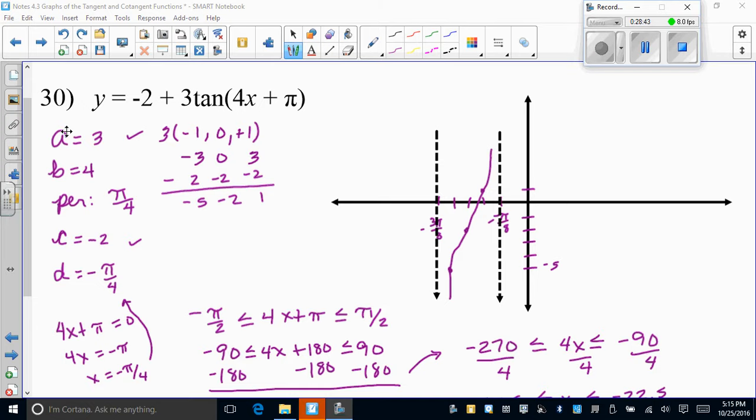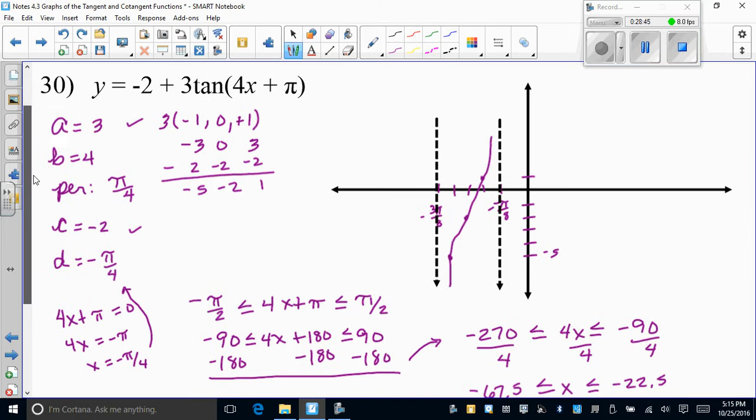So you can go either way. I'm going to go to the right. I have negative pi over 8. This will be 0 pi over 8. And then this will make it positive pi over 8. Notice that we just did 1, 2, 3. This would be 1, 2, 3.